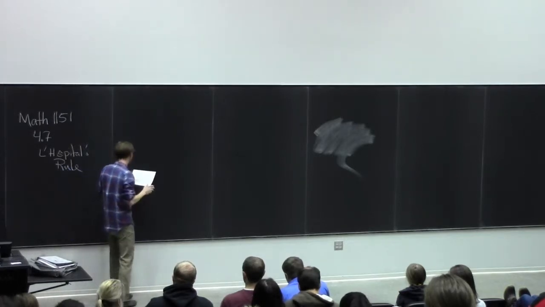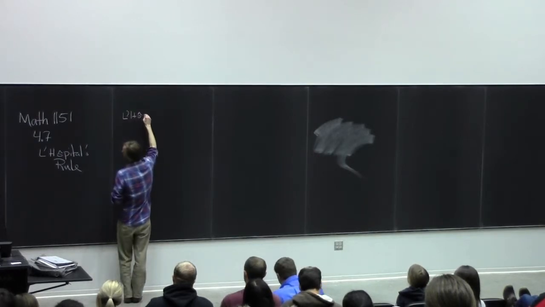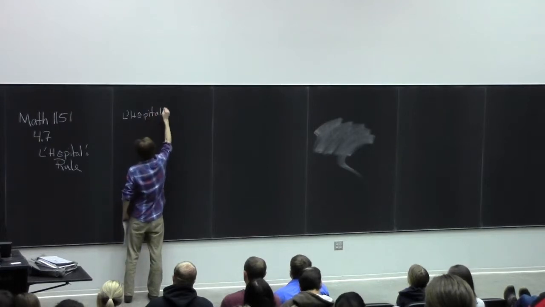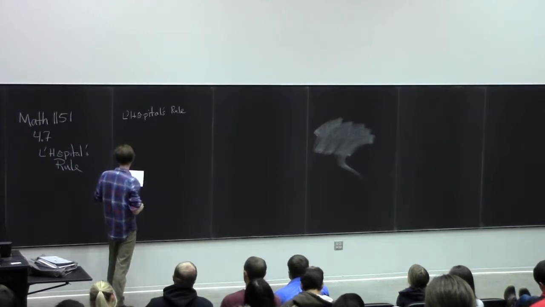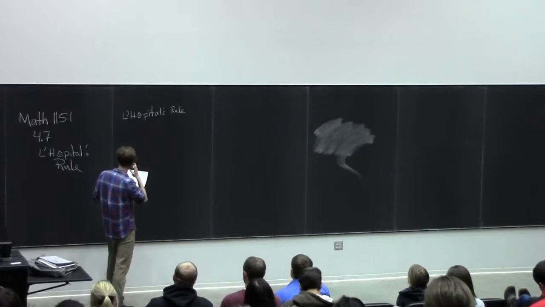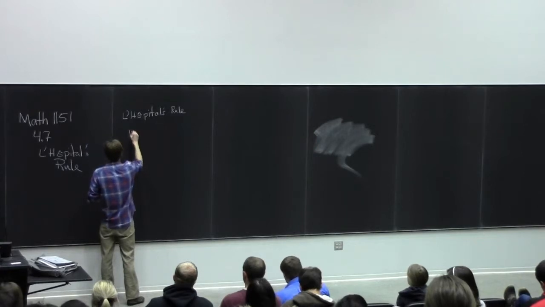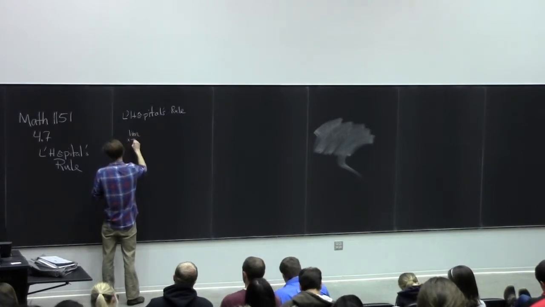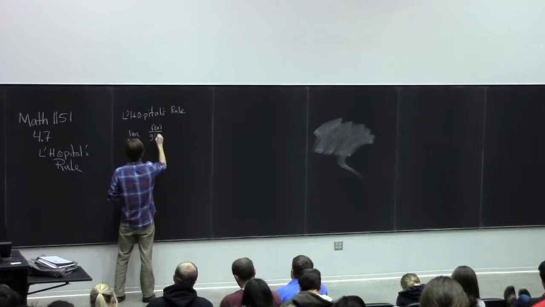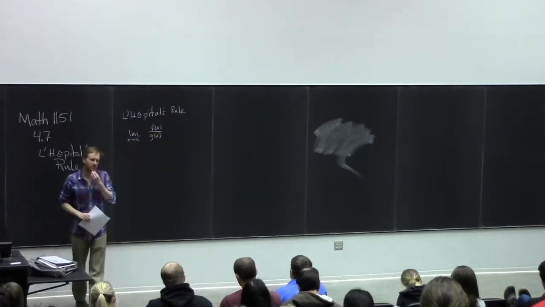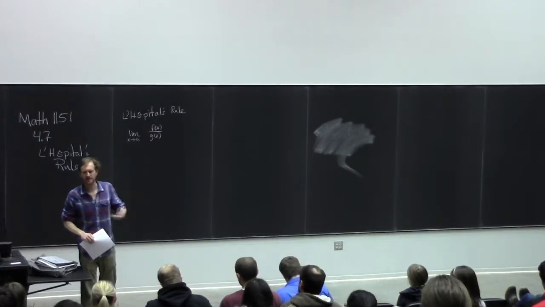L'Hopital's rule, and I always forget how to spell it, L'Hopital. If you want to compute the limit as x goes to a of f of x over g of x, we can do this really easily if f of x and g of x converge to something. However, there are lots of problem times.